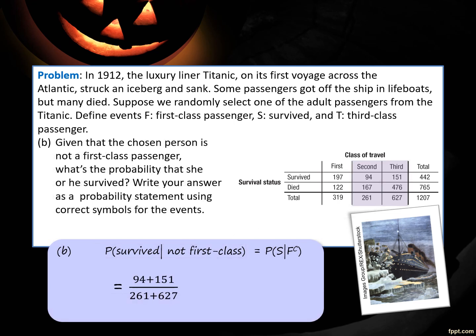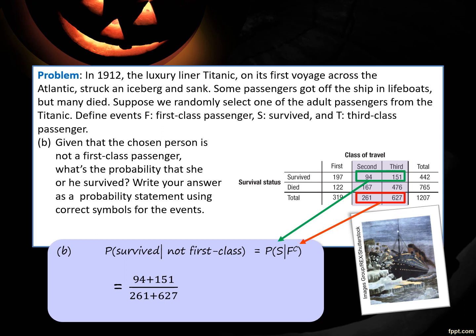Where did these numbers come from? I took those that survived, 94 in second class and 151 in third, and I'm going to add those together, 94 plus 151. Then the number of not first class, as in first class's complement, would be my total in second and my total in third. Because I'm dealing with both second and third class, I'm going to add these together.